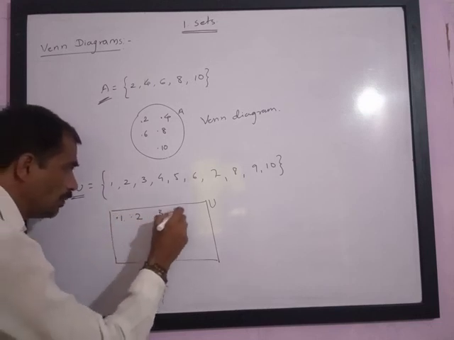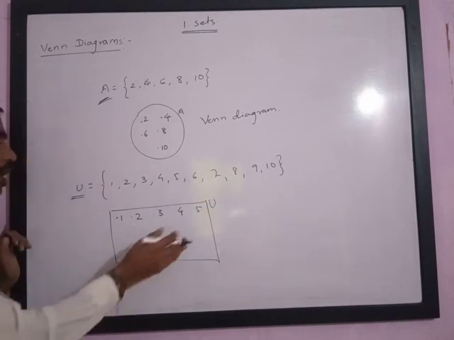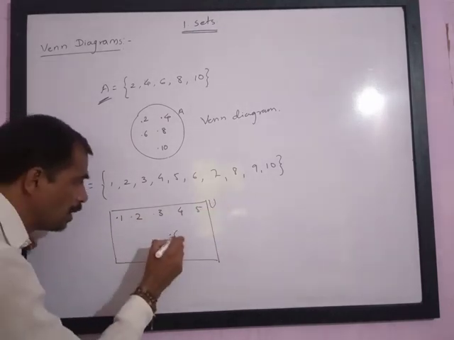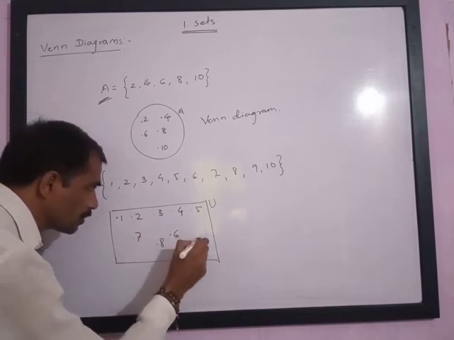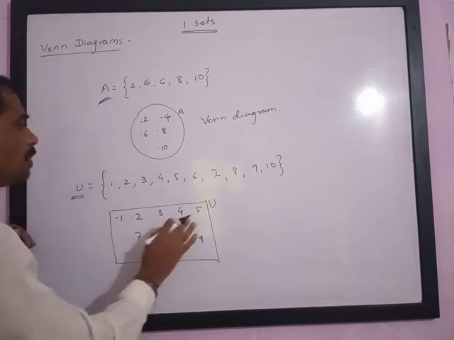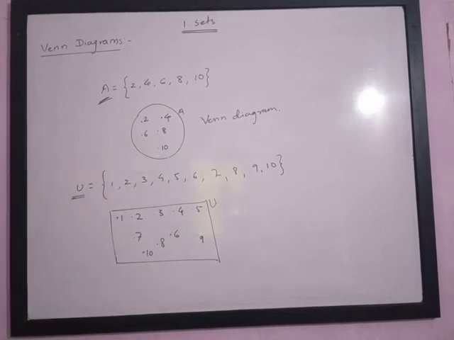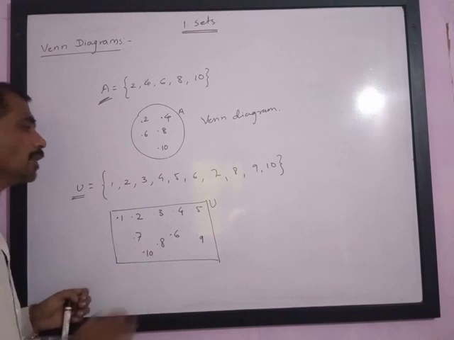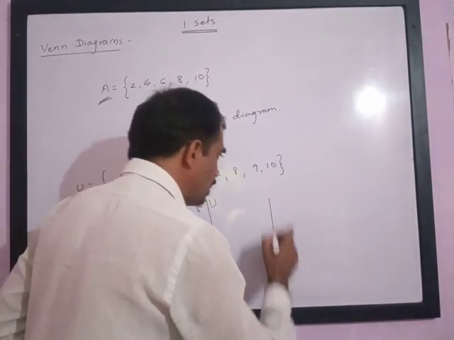It is not necessary that they be written in order. You can write them anywhere, but they must be inside the closed figure. So the universal set can be represented in this way, and a set can be represented in this way. Now, if this is a single problem, it can be represented using a Venn diagram like this.